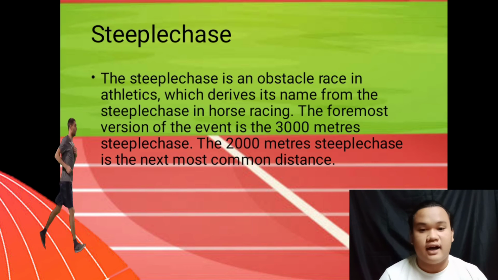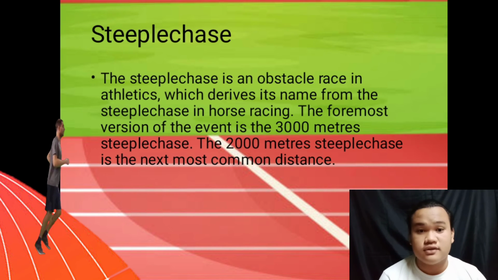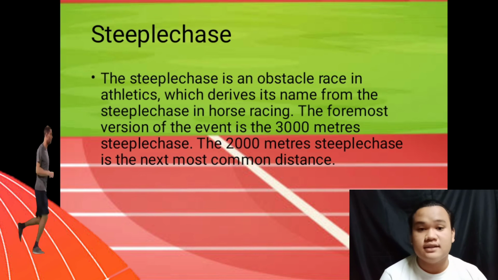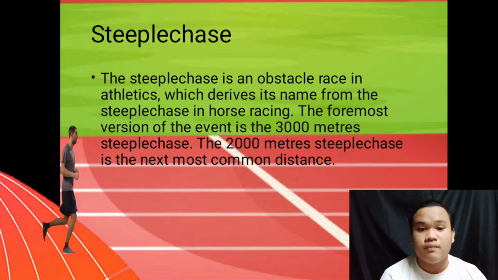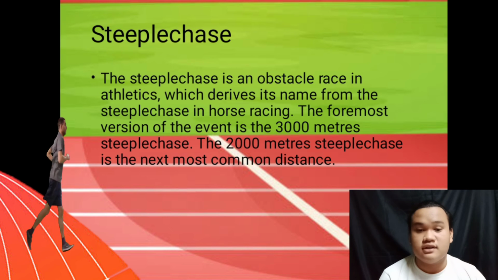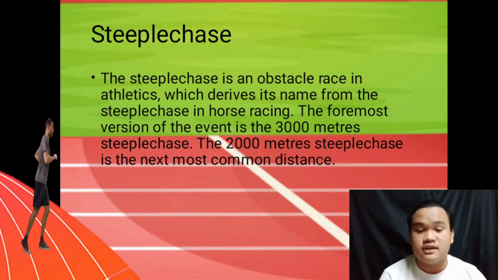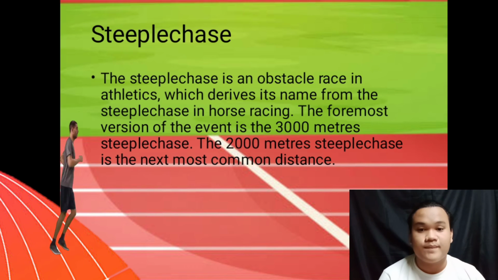Then the next is the steeplechase. The steeplechase is an obstacle race in athletics, which derives its name from the steeplechase in horse racing. The foremost version of the event is the 3,000 meters steeplechase. The 2,000 meters steeplechase is the next most common distance.